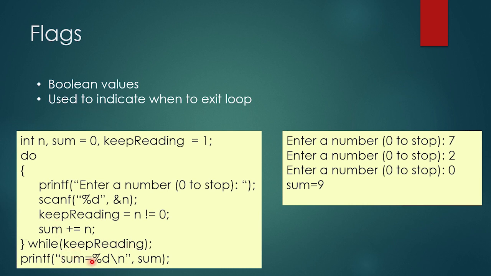When it exits the loop, it's going to print the sum, and that's it. So we're using this variable, which we set based upon a condition inside, to control when the loop terminates. Now that is a way of making sure. We could say, oh, if n equals 0, then get out of the loop.